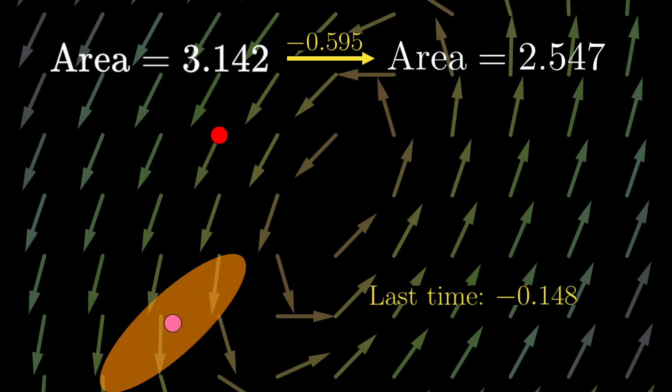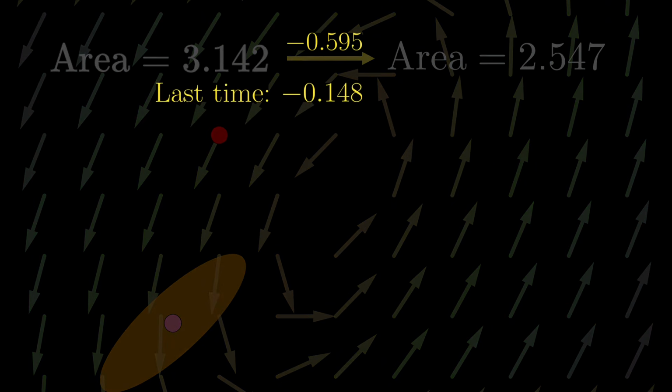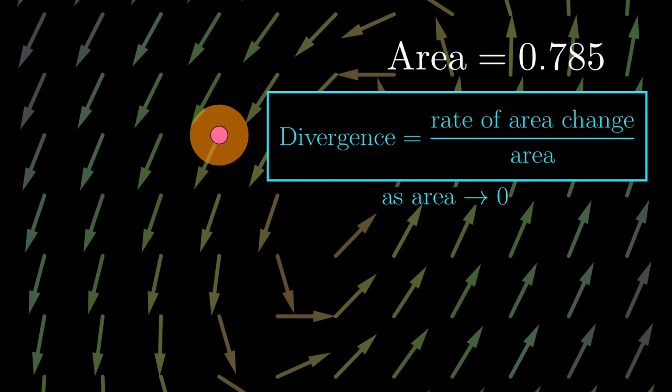If we compare this change to the previous area change, this is exactly a factor of 4, accounting for rounding errors in my computer simulation. So, in our intuition of divergence, the per area part is very important.